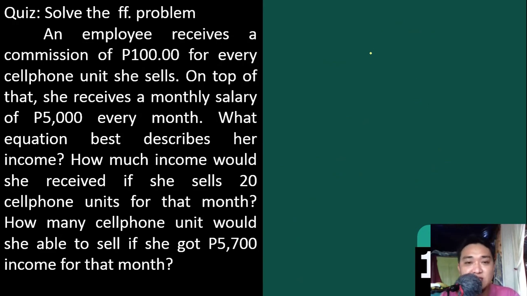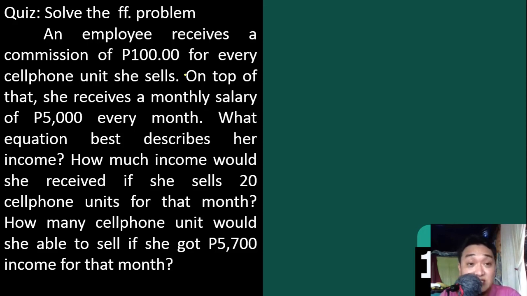Now, I'm going to leave an exercise for you to answer at home. This will serve as your home quiz. I want you to analyze the problem and please answer the question that follows. So for our home quiz number 1, an employee receives a commission of 100 pesos for every cell phone unit she sells.